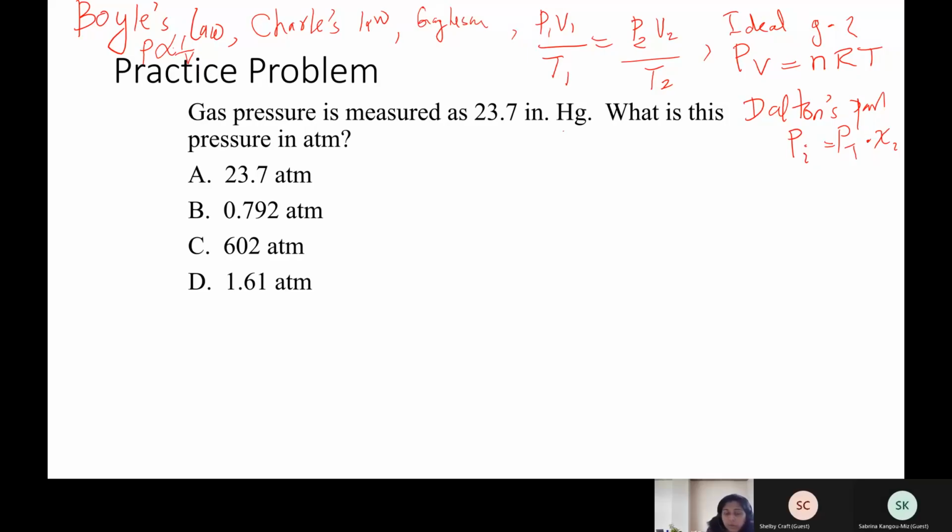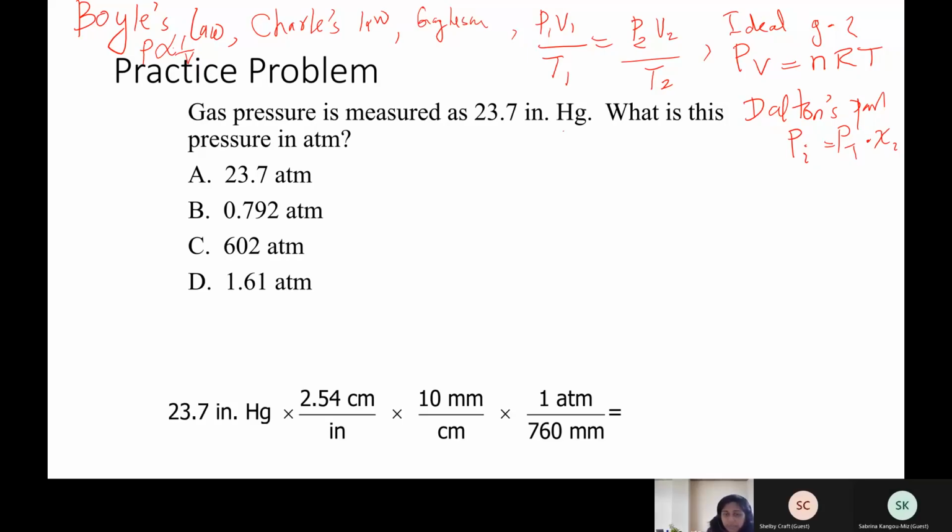Okay, so we'll start with 23.7, and 1 inch equals 2.54 centimeters. But we still don't have the direct relationship between the centimeters and the mercury, so we'll change that into millimeters. 10 millimeters equals 1 centimeter. And then we know 760 millimeters equals 1 atm.